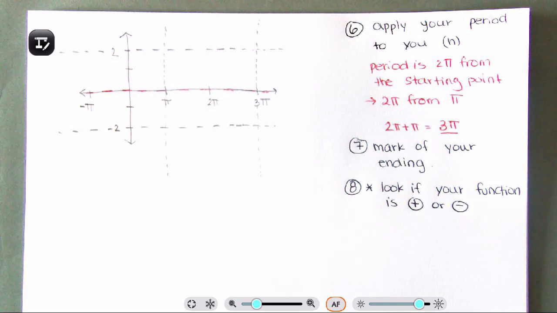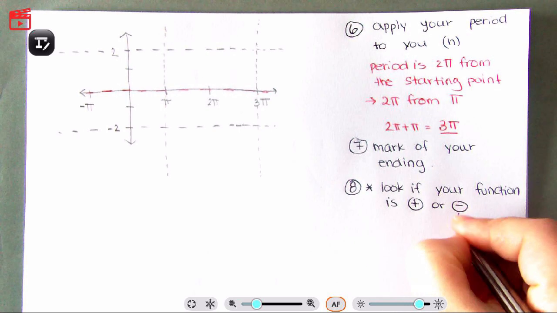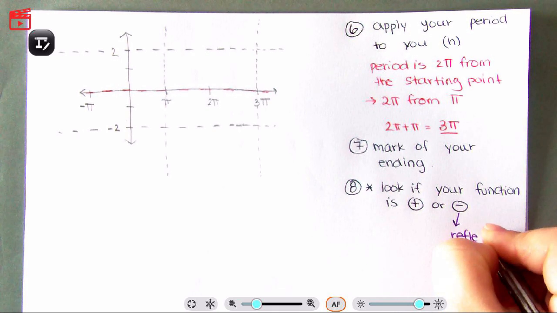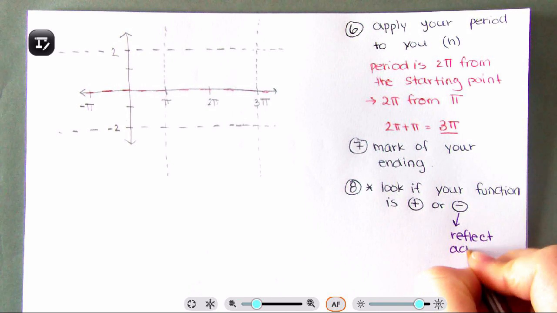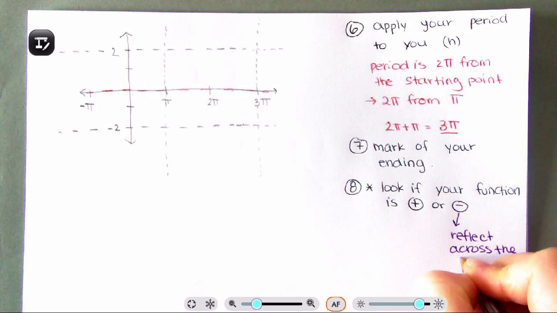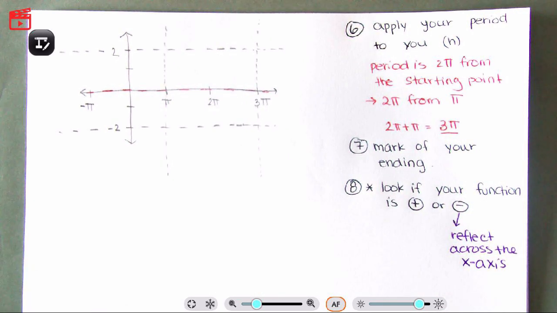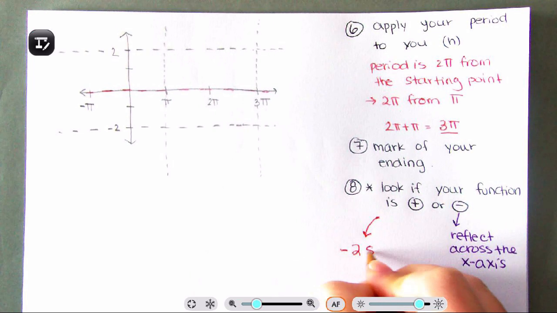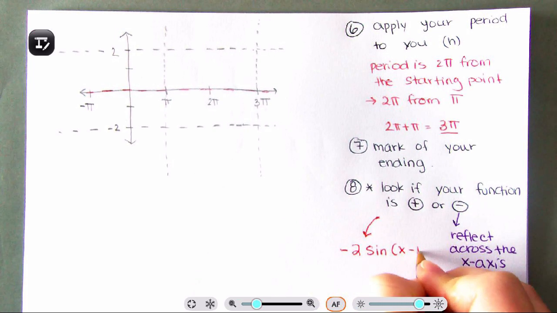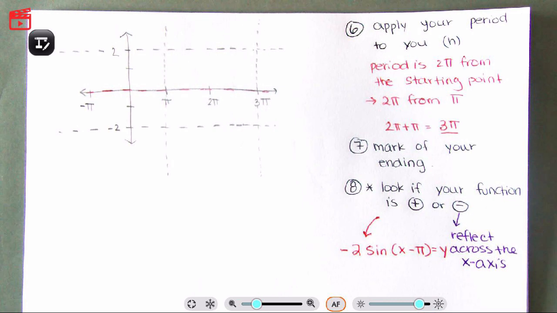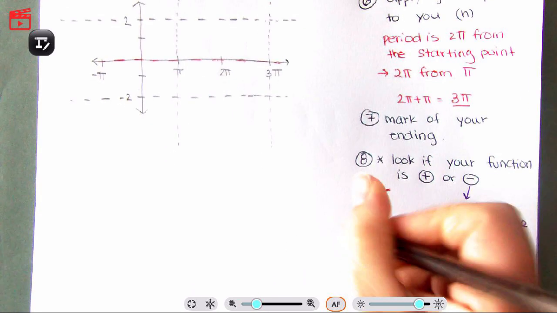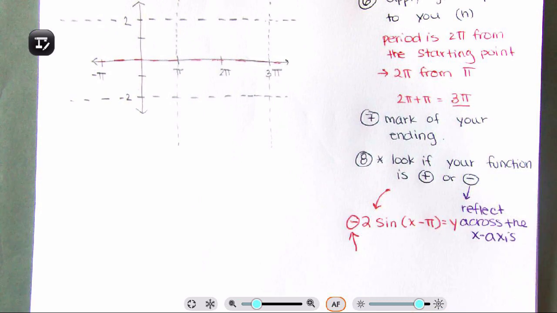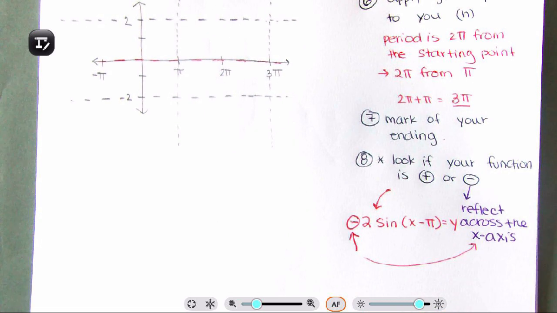Now, if it is negative, you have a reflection across the x-axis. So I'm looking at my original. My original is negative 2 times sine of x minus pi. So then my function is negative. So then I'm going to reflect across the x-axis.